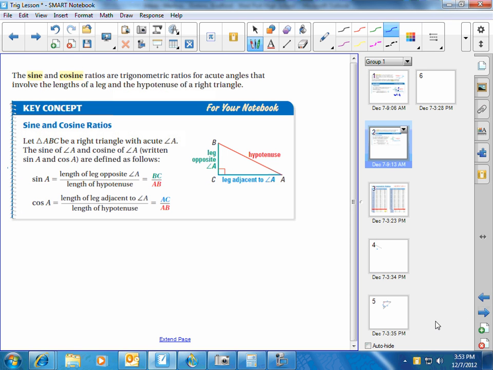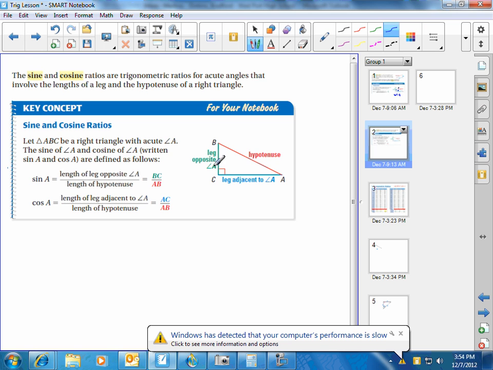So let's look at sine and cosine. The sine and cosine ratios are also for the acute angles and involve the lengths of a leg and the hypotenuse of a right triangle. Let's look at sine first. The sine ratio is the length of the leg opposite the angle you're referring to over the length of the hypotenuse.